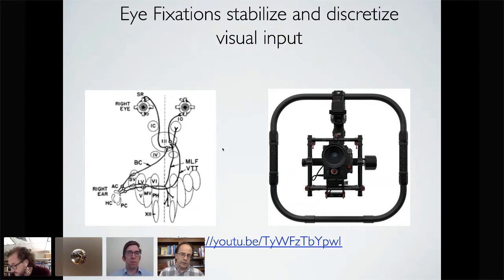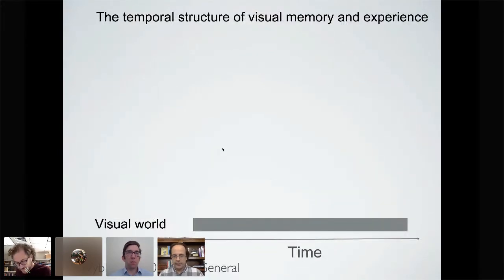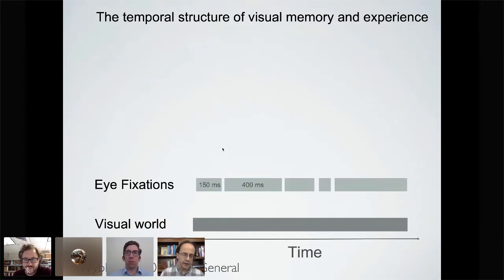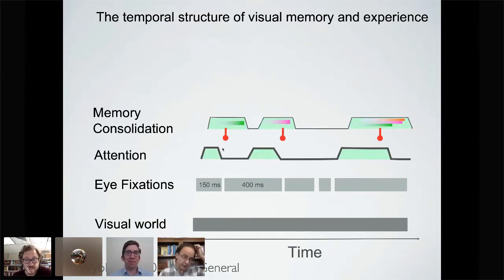So the idea here is that visual fixations provide this act of taking the temporally continuous visual world and chopping it up into discrete eye fixations. On top of that, you might also have attentional mechanisms like the attentional blink, which create even more sparse and discrete representations.